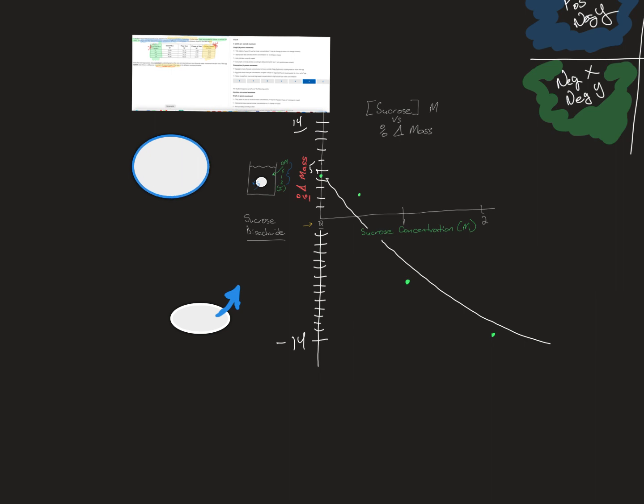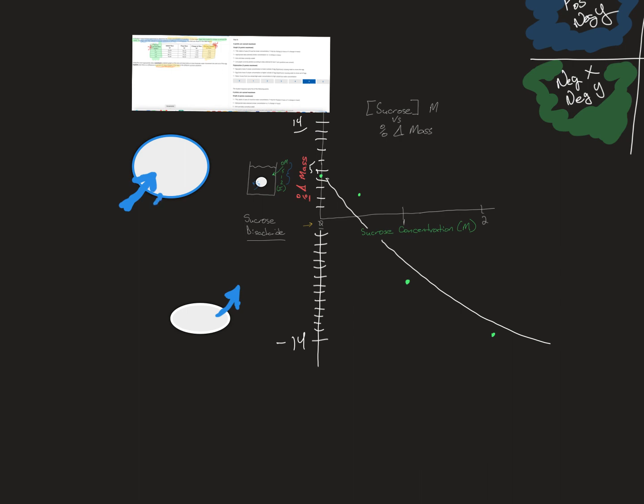With the positive y values, the percent change was a positive percent change. Why did it change positively? Because water was going into the cell. So because water was going in, yes, you had some water going out, of course.